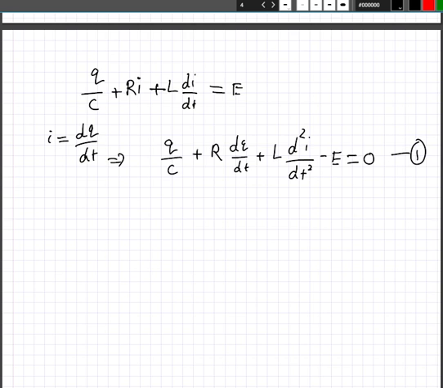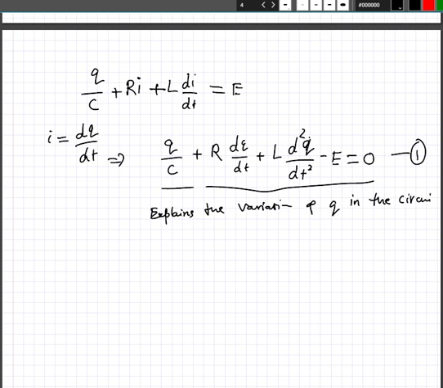So this is a second order differential equation. So this explains the variation of Q in the circuit. But this is a differential equation, we cannot plot it as it is, so we have to find the solution.